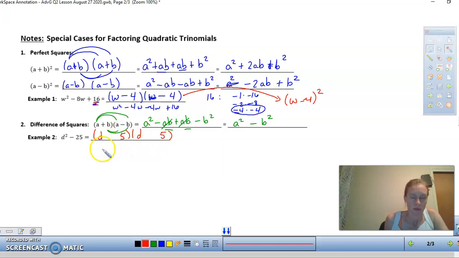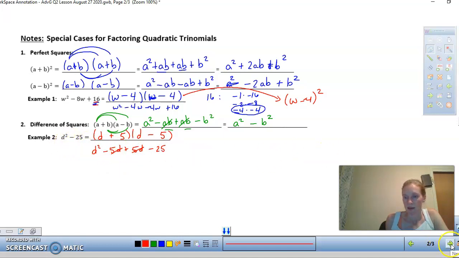Those are the square root of 25. Now with the negative, that means one of these is positive and one of them is negative. And this is just like what we did in the warm-up above, because you will get d squared minus 5d plus 5d and then minus 25. These are going to cancel and you end up with what you started with.